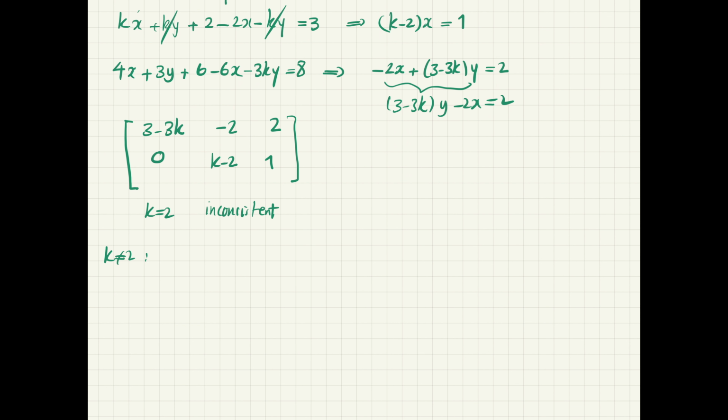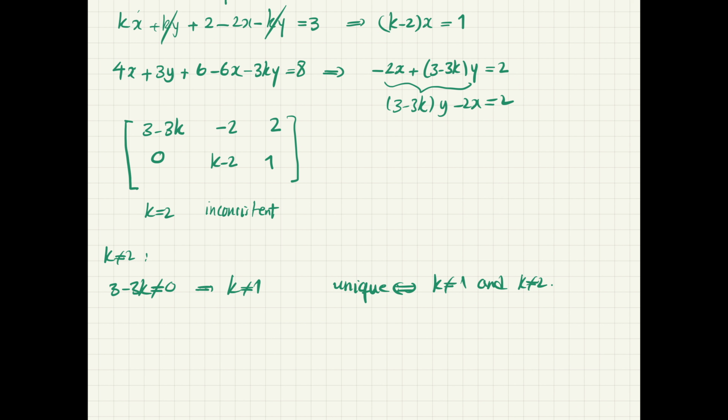So if 3 minus 3k is not 0 on top of this condition, meaning that k is not equal to 1, I have a unique solution. So unique is if and only if k is not equal to 1 and k is not equal to 2.